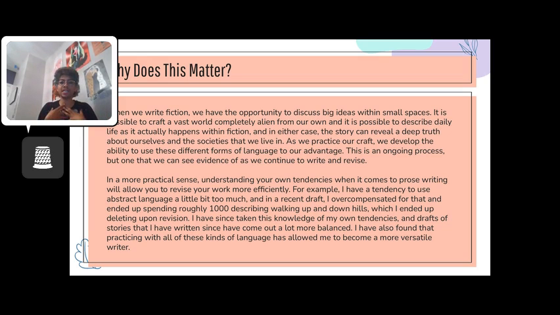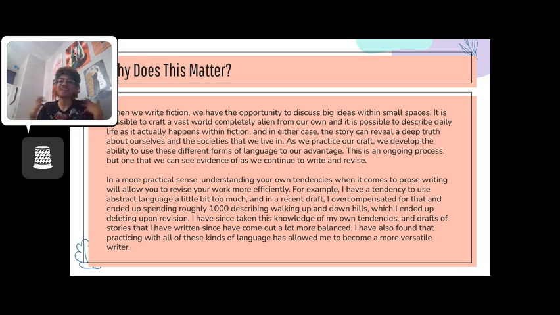I know for me, and I say this on the slide, I have a tendency to write in a very abstract way. And in trying to avoid that, in recent fiction I've written, I overcompensated and I ended up writing like 1,000 words about walking up hills that I didn't need to have in the story.